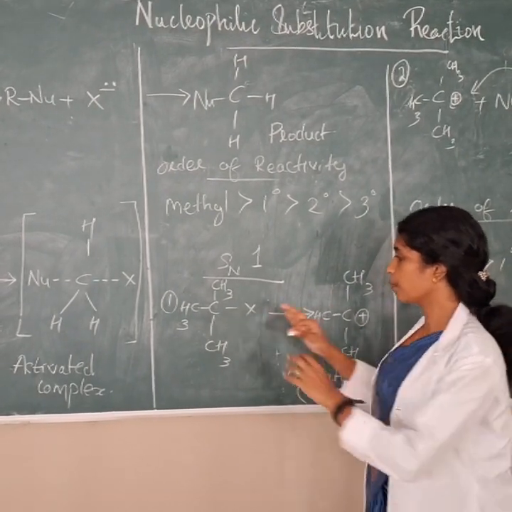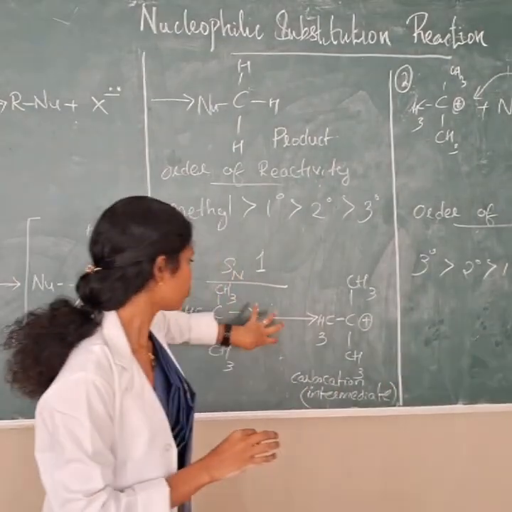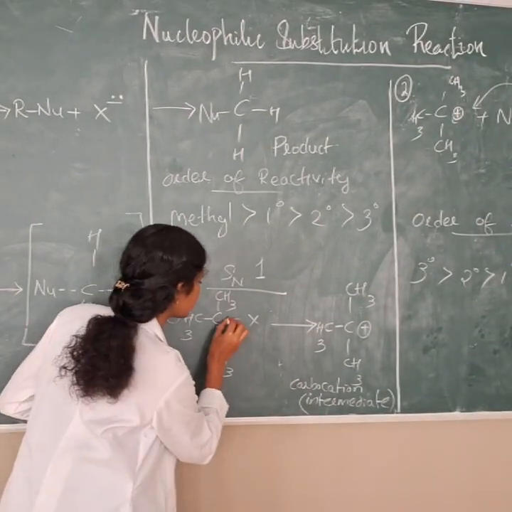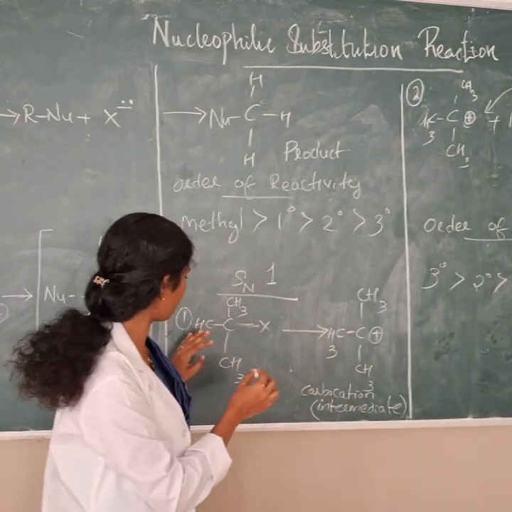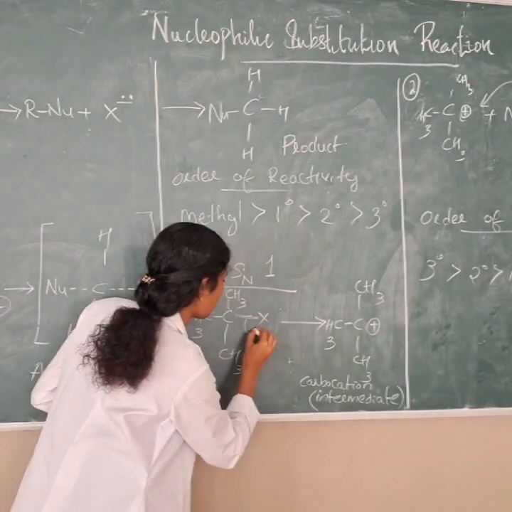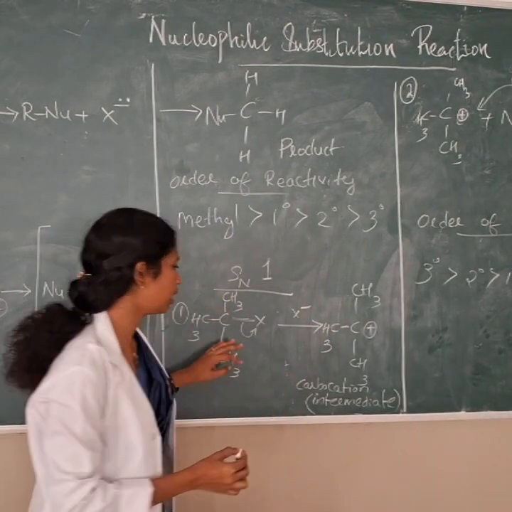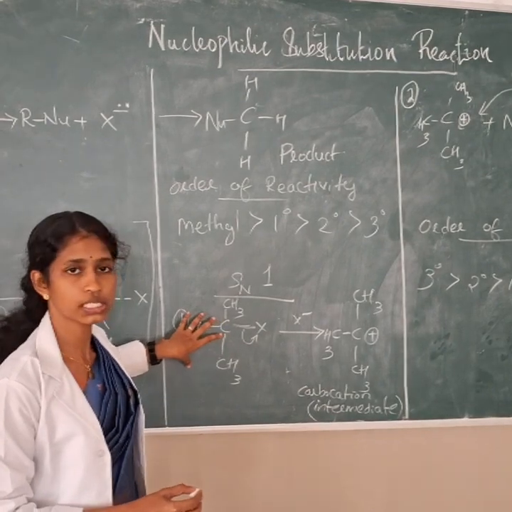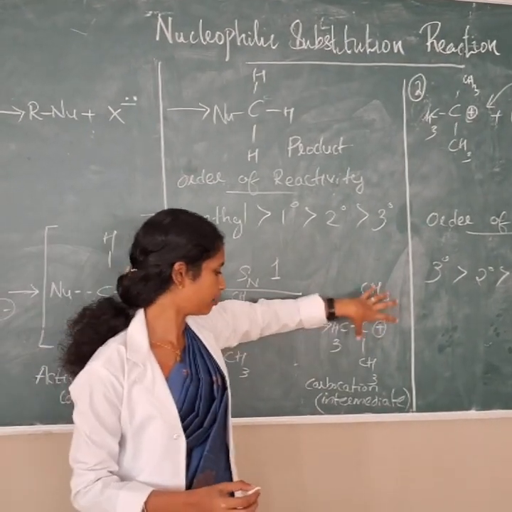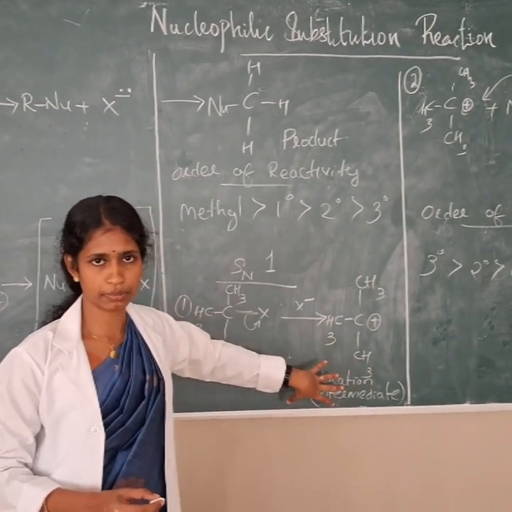Here the C-X bond breaks, and it will form a carbocation. The halogen will leave with its pair of electrons and leave a positive charge on this carbon, and we will get a carbocation intermediate.